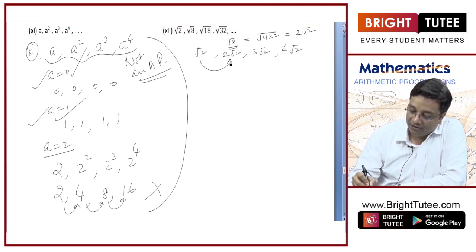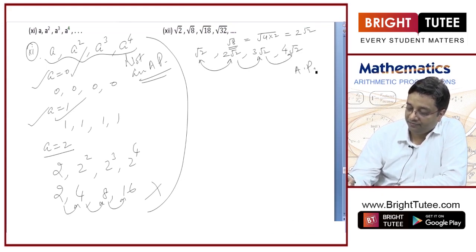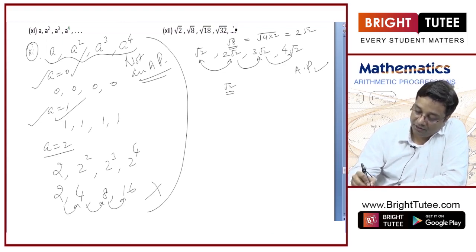So this sequence is also an arithmetic progression because the common difference is root 2, right? Hence, we can write the next terms also. Next term will be what? So 5 root 2, 6 root 2, 7 root 2 and so on.